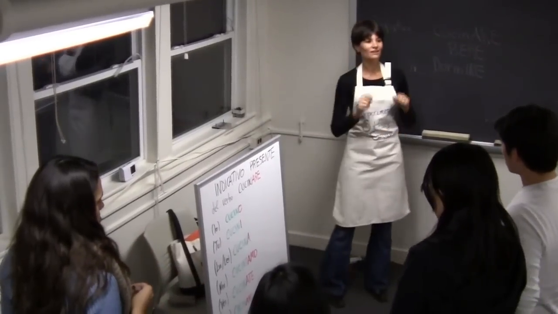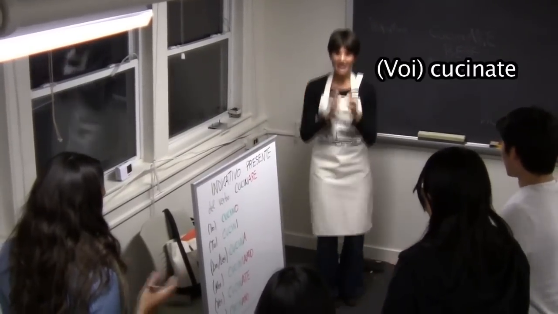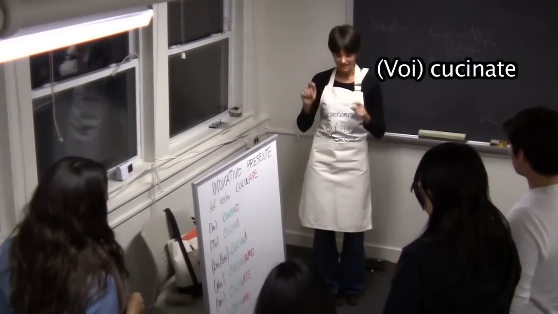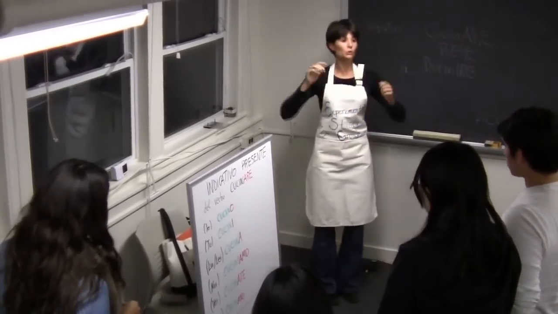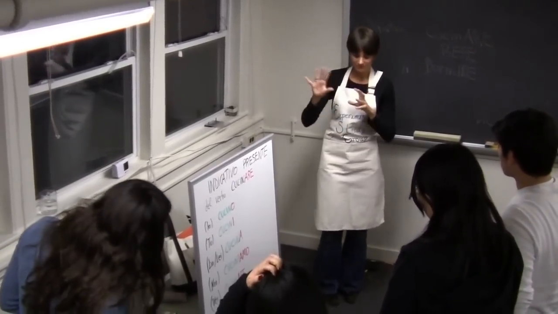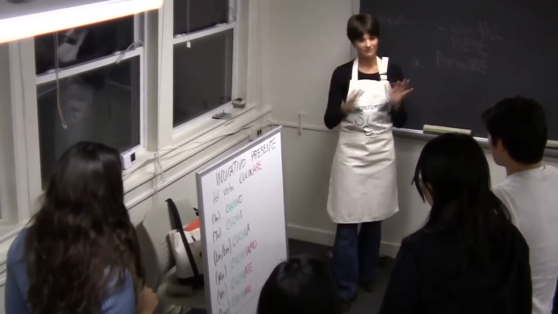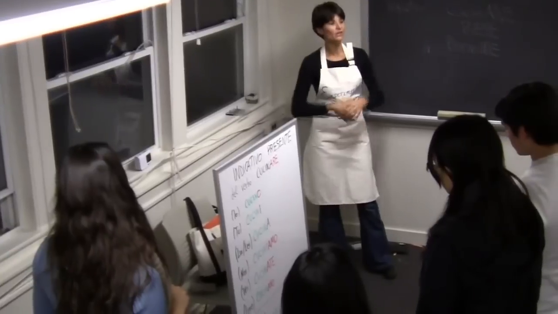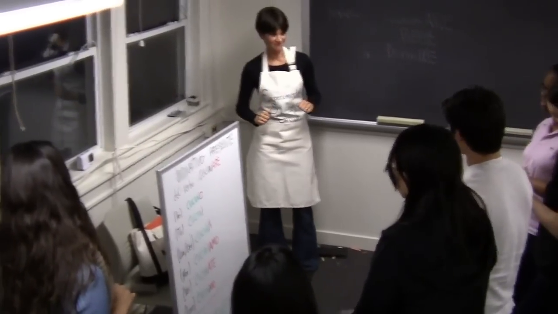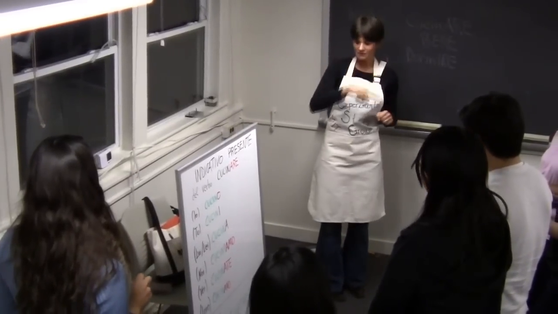Voi, you, cucinate. And loro cucinano. Yeah? So, a very common error is to say cucinano with the stress on the wrong syllable. No, you can't say that. Cucinano.